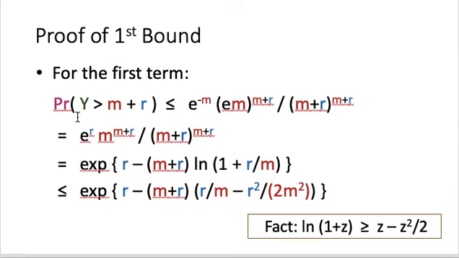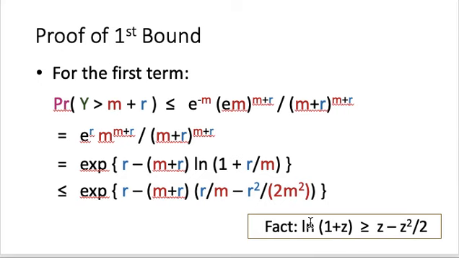So this is going to be e to the power r, and then m plus r log m, minus m plus r log m plus r. After simplification, this is minus of m plus r multiplied by log of 1 plus r over m. Now we are going to use the relationship that log of 1 plus z is greater than or equal to z minus z squared over 2.